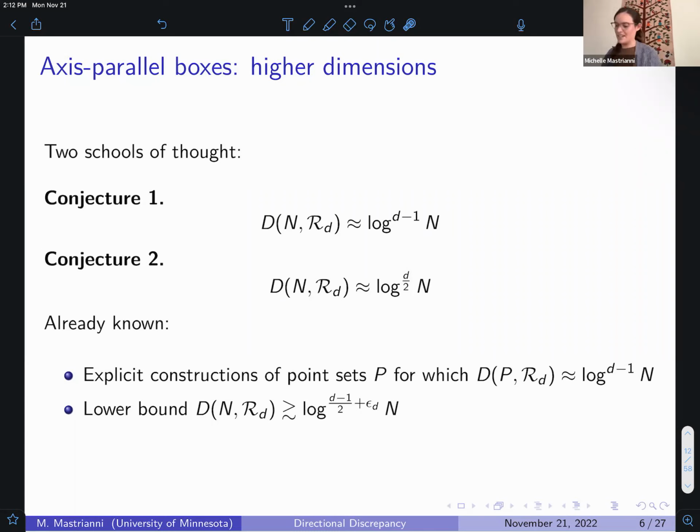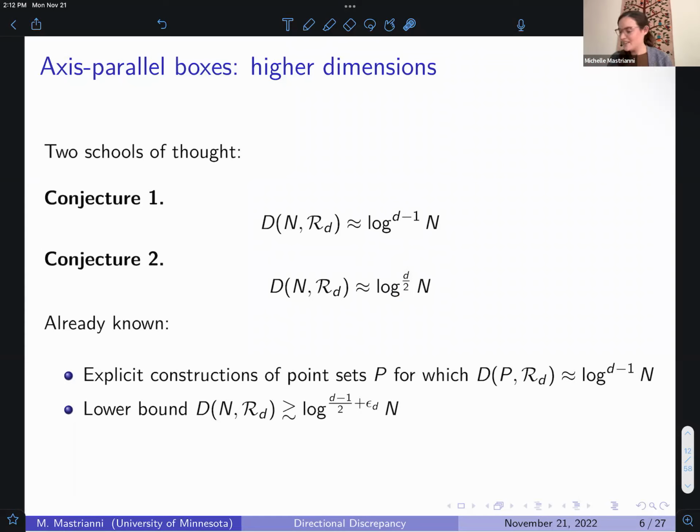The other school of thought is that potentially the correct order is d/2. And this is motivated by connections to other areas of harmonic analysis. The orthogonal function techniques that are used to prove lower bounds in discrepancy theory have a lot of similarities with proof techniques in, for example, the small ball inequality. And in those cases, you have this d/2 popping out. So just on a heuristic level, this is what motivates a second school of thought.